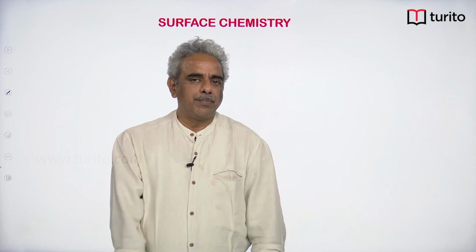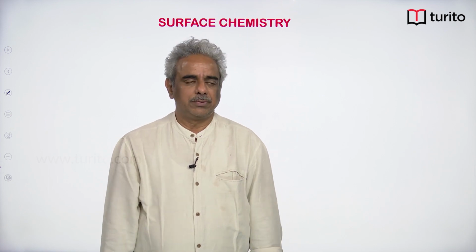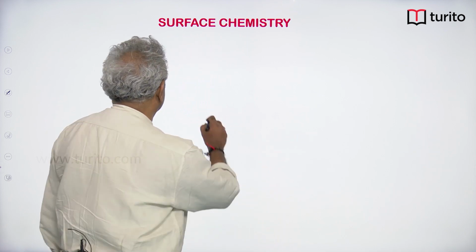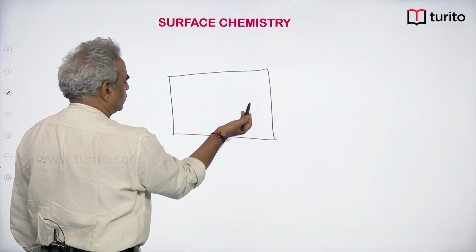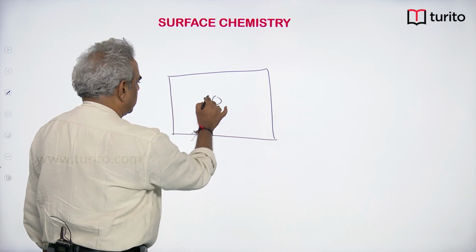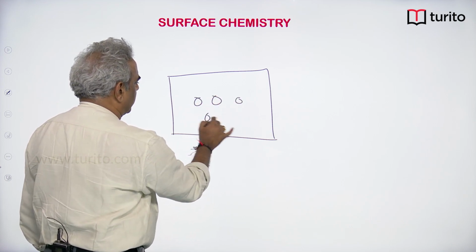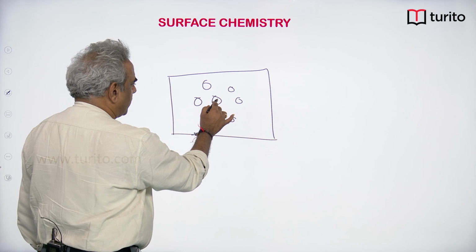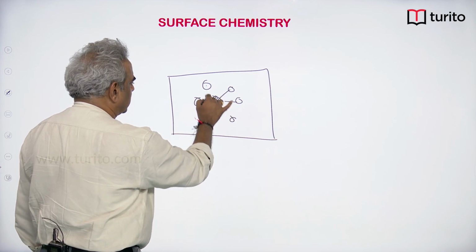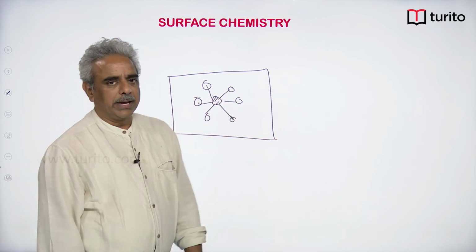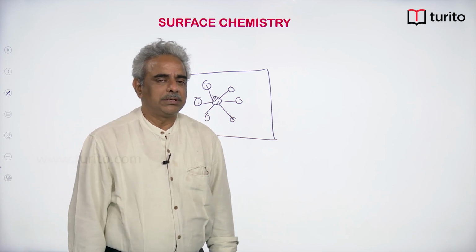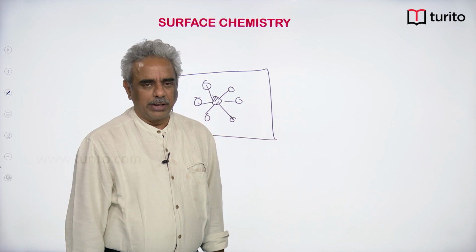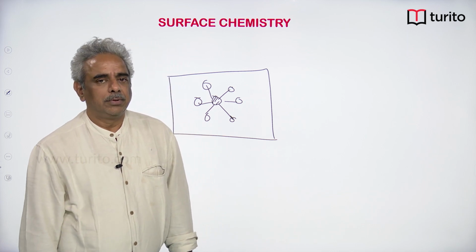Why is surface so important? And first of all, what is surface? Suppose you select some solid. As we have seen in solid state chemistry, a bulk will have so many particles. If you have a bulk particle, it is attracted from all sides. If you take any bulk particle, it has so much force balance because of the molecules or particles surrounding it.